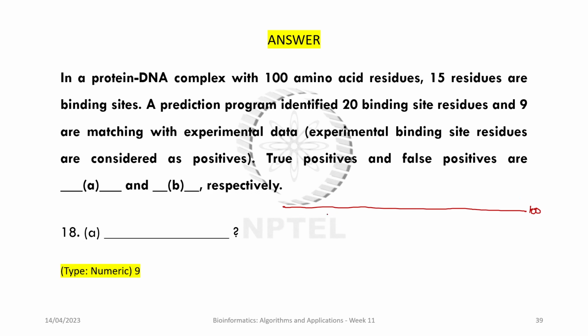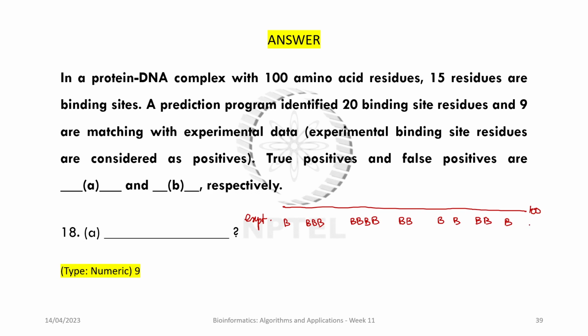And you have 15 residues that are actually experimentally found to be binding sites. So this 15 can be actually anywhere. I just drew short lines that confused maybe people: 1, 2, 3, 4, 8, 10, 11, 12, 13, 14, 15.